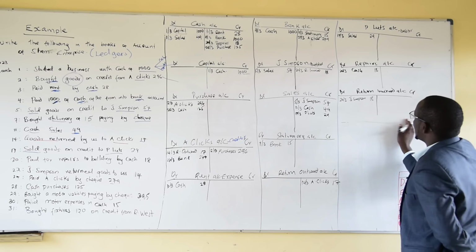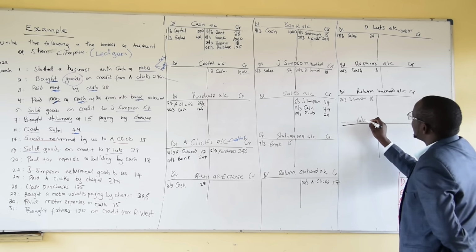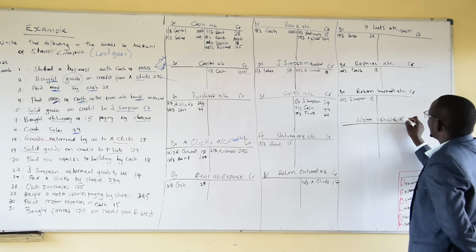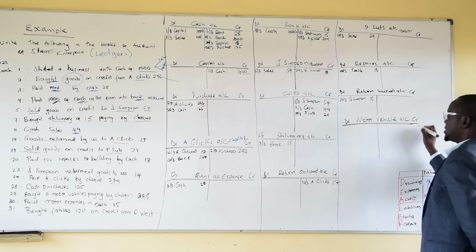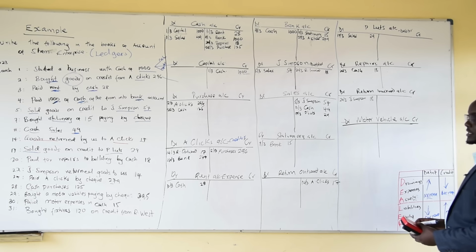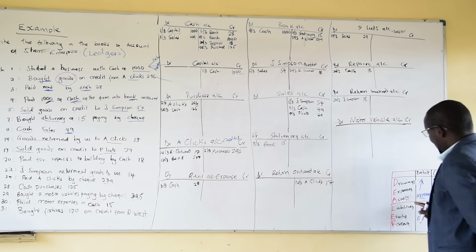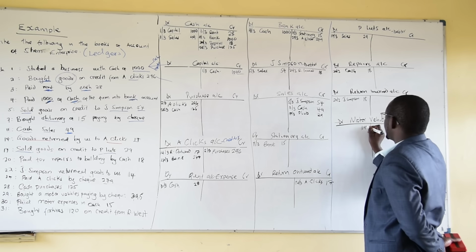So here, I will open a motor vehicle account. We have a debit, we have a credit. Motor vehicles are an increasing asset, so it is a debit. So here I have 395.